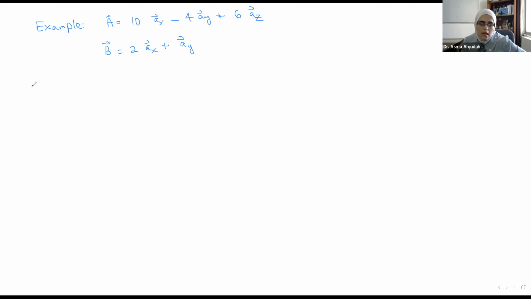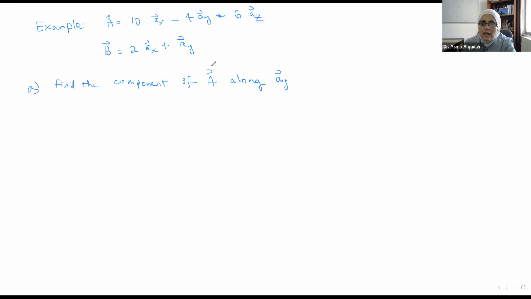So part A, we're asked to find the component of vector A along a sub y. What does this mean?